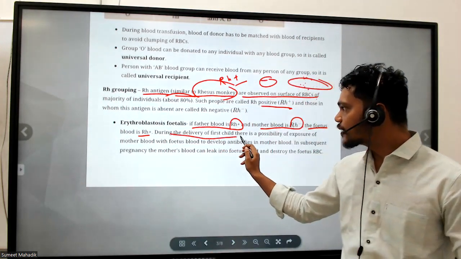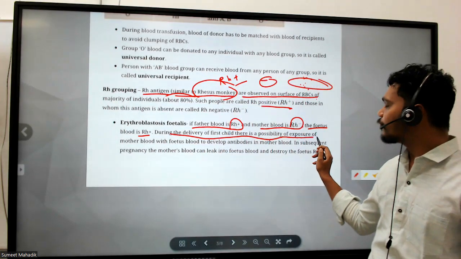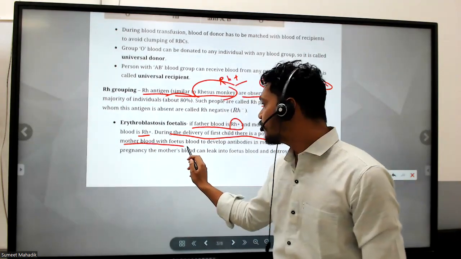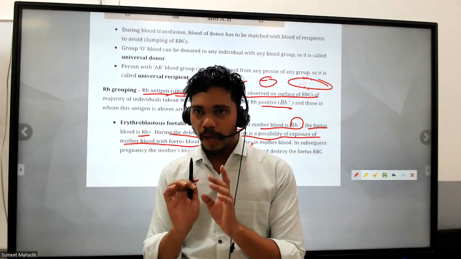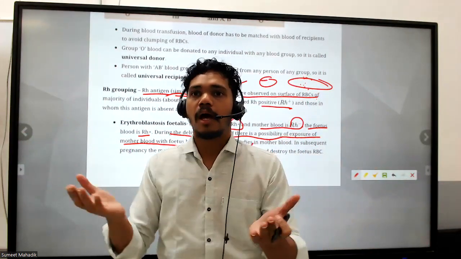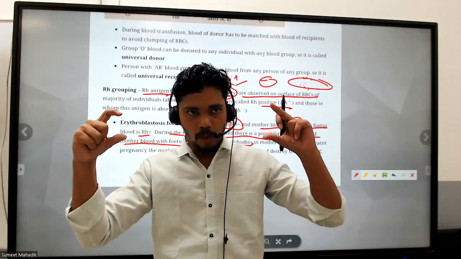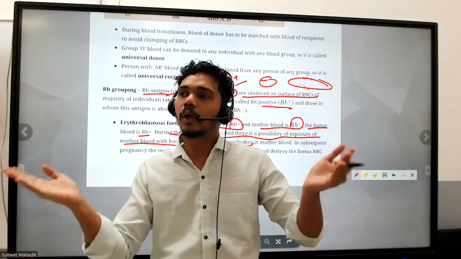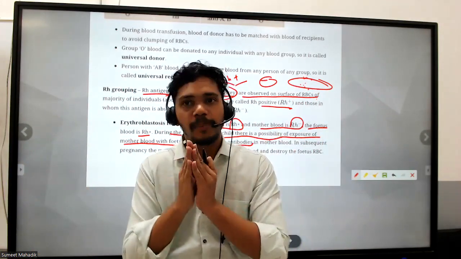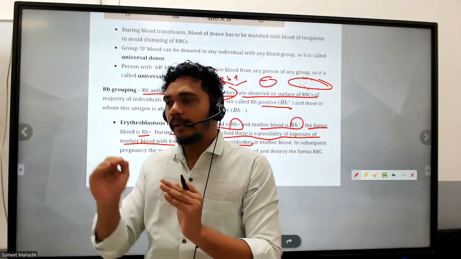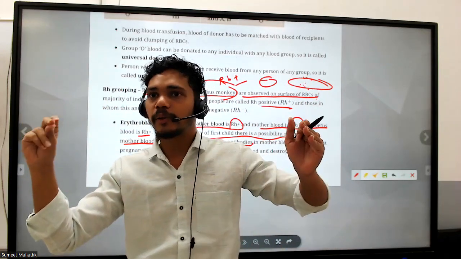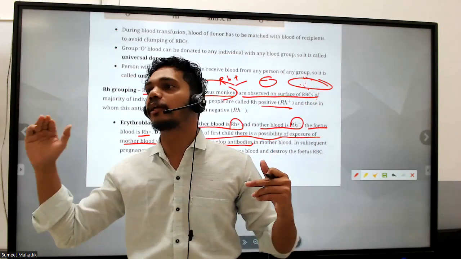During the delivery of the first child, there is a possibility of exposure of the mother's blood to the fetus blood, developing antibodies. When one sperm and one ovum combine, chromosomal information is exchanged. So at the first stage of the zygote, the blood group is determined; let's go with Rh positive because that is the dominant one.